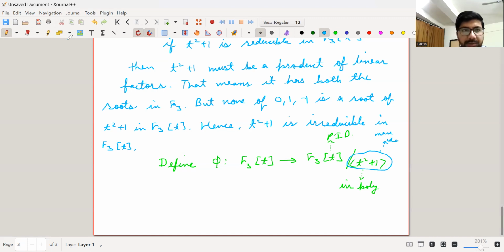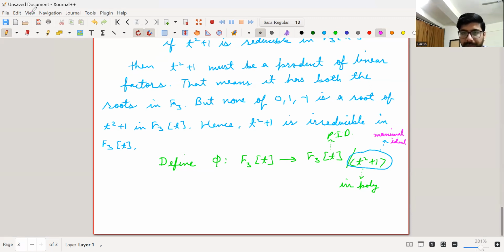And an integral domain modulo a maximal ideal means it's a field, right?